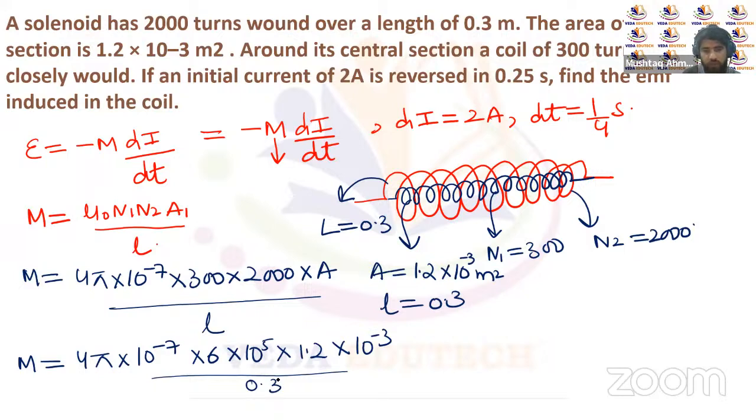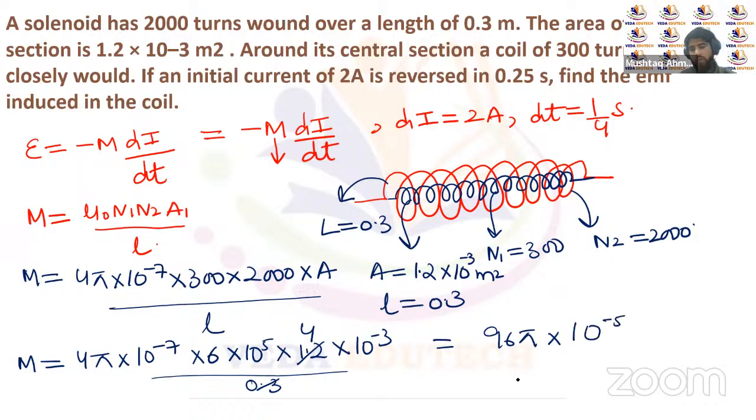So it will be equal to 16. 4 into 4 will be 16, and 16 into 6 will be 96. It will be 96 pi here, and 10 to the power minus 7 minus 3 plus 5 gives 10 to the power minus 5.